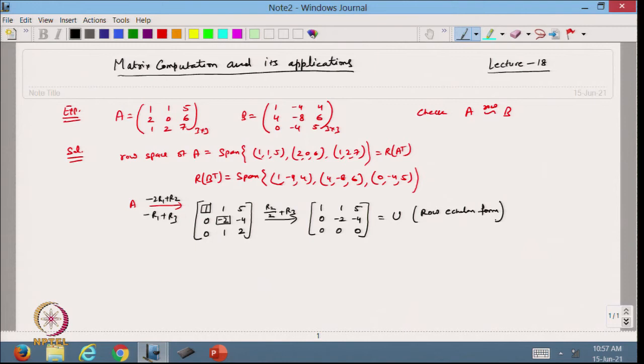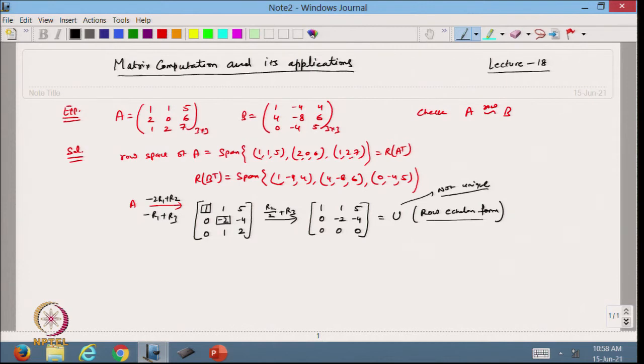And you can see from here that this is not unique, because I am having minus 2 here. Maybe I can multiply by minus 3 and then I will get minus 6, minus 12. So, it does not matter, but it will still be in the row echelon form.